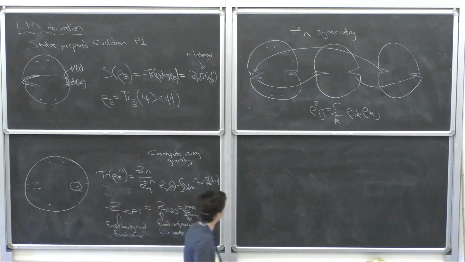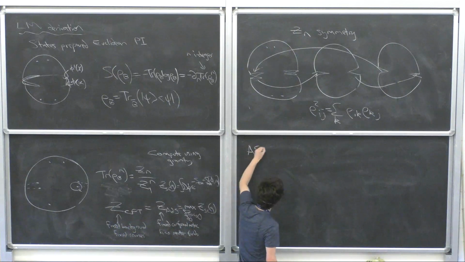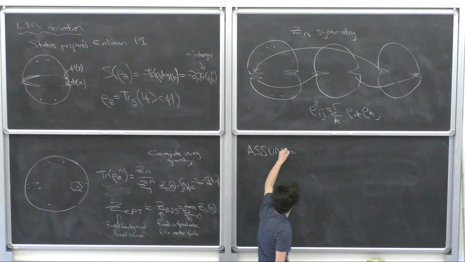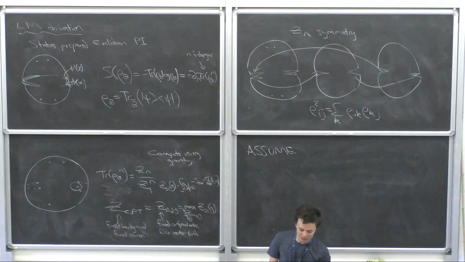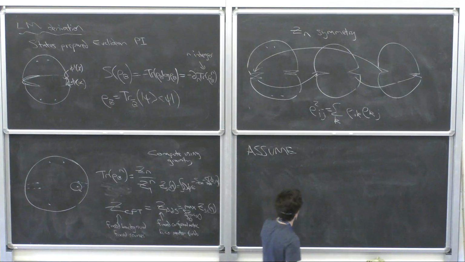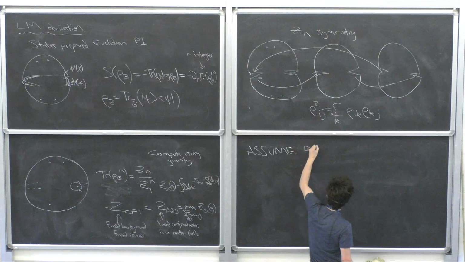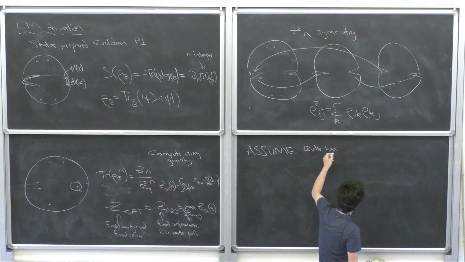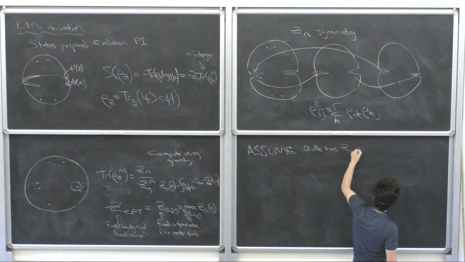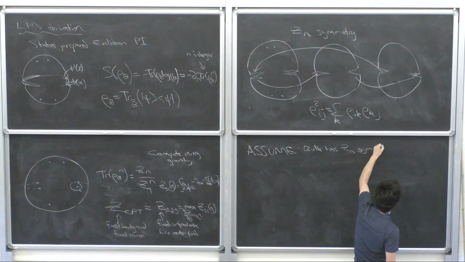Okay? We're going to make an assumption. This is the big trick Lewkowycz and Maldacena made: that this Z_n symmetry extends to the bulk. The dominant bulk saddle has Z_n symmetry. There's really two parts to the assumption.